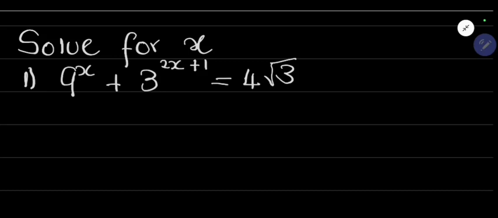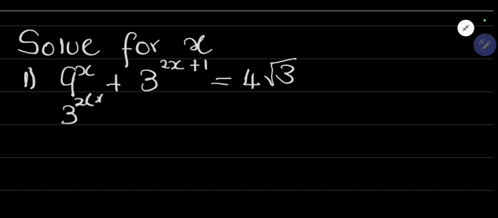So quickly let us go for this one. It's a bit complicated, but we know that we are equipped with so many tools. Quickly let us just change everything to be a prime number. Can we do that, guys? Yes, we can. So 9 is going to be 3 exponent 2.